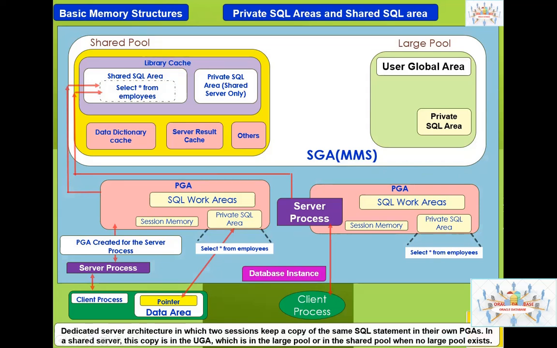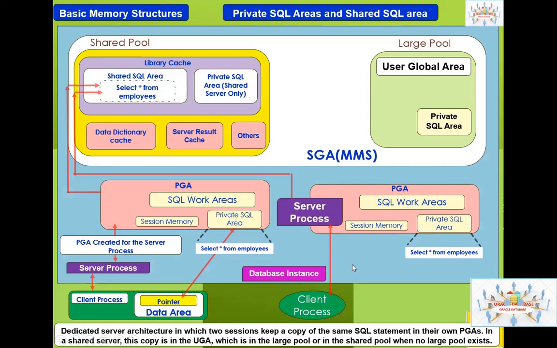Finally, dedicated server architecture, in which two sessions keep copies of the same SQL statement in their own PGAs. That is another thing explained in this picture. If it is dedicated, these two copies can be maintained, because each PGA will maintain its execution plans.